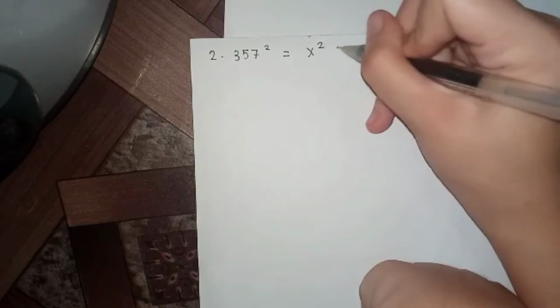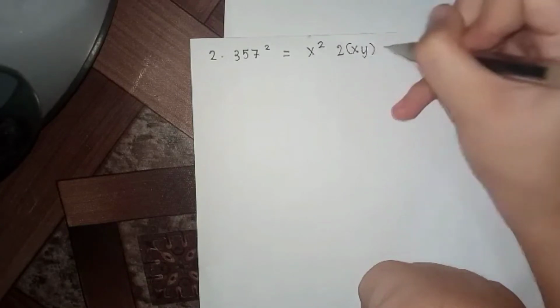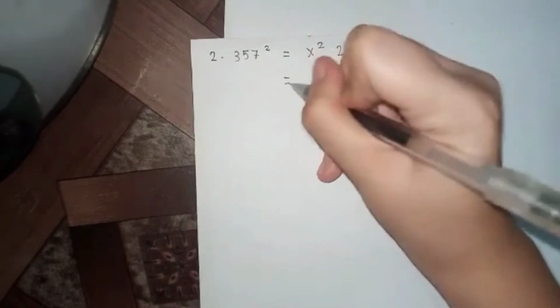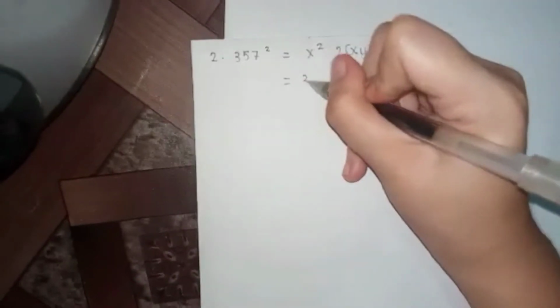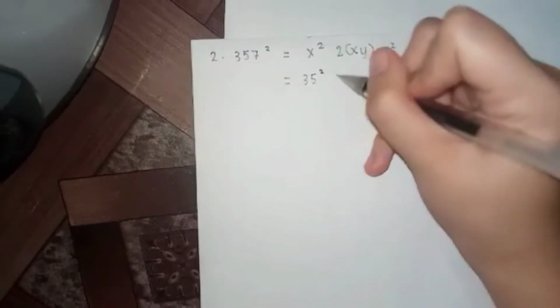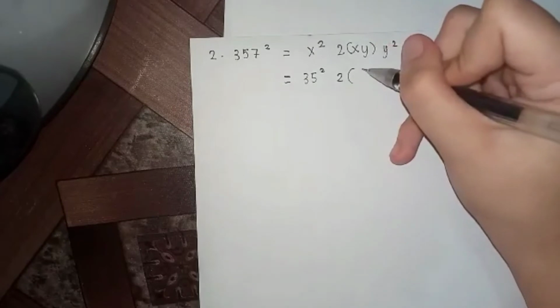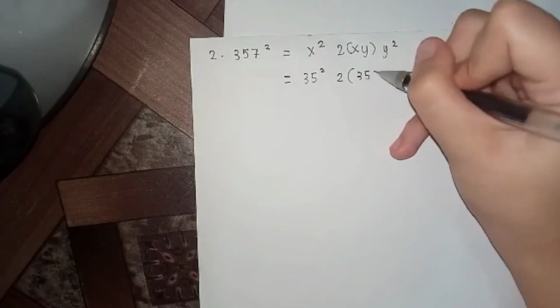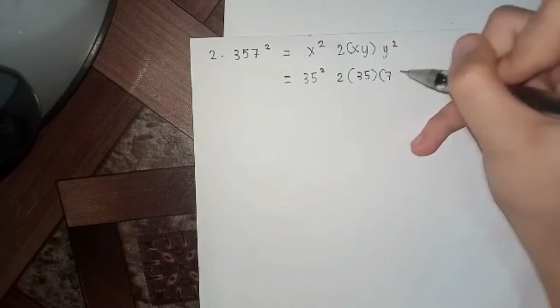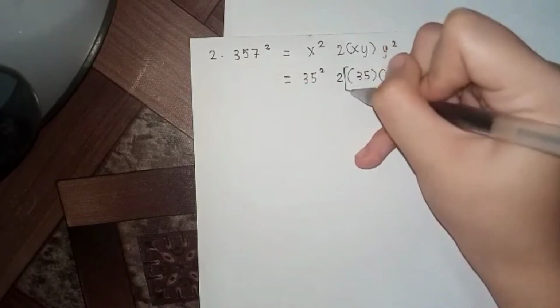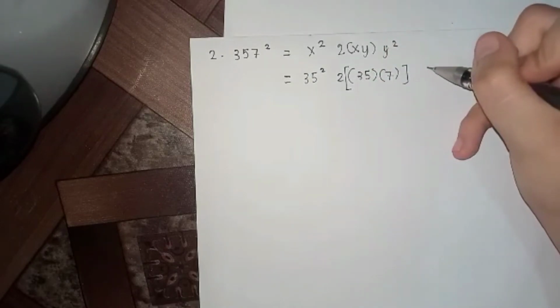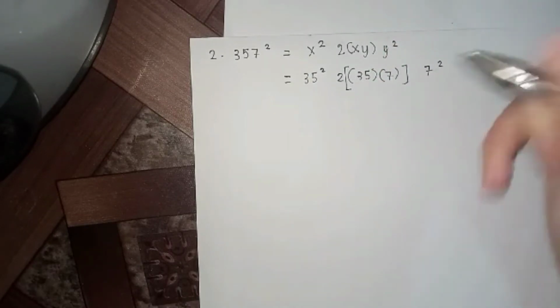So copy the formula. X squared is 35 squared. Y squared is 7 squared.